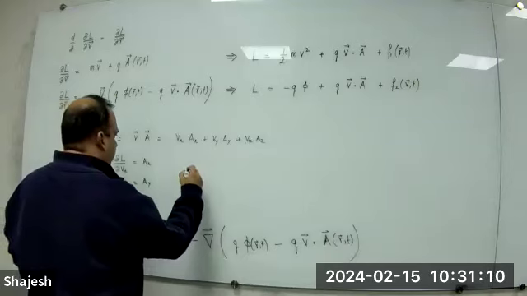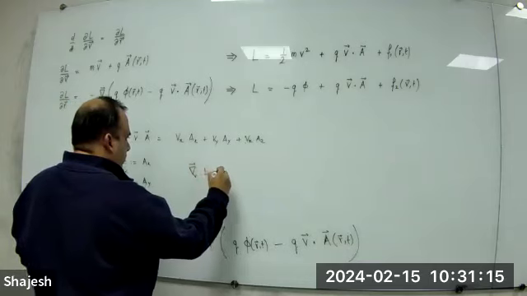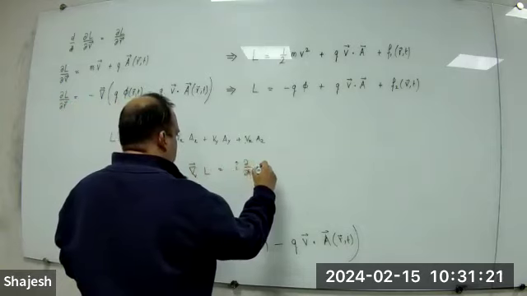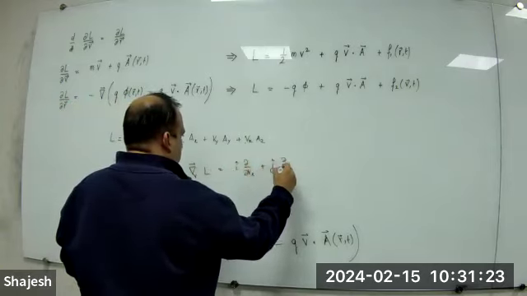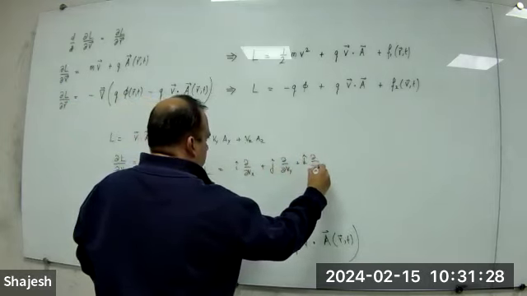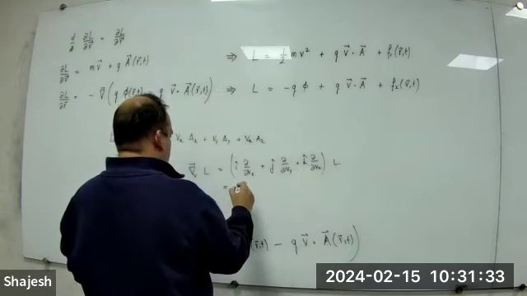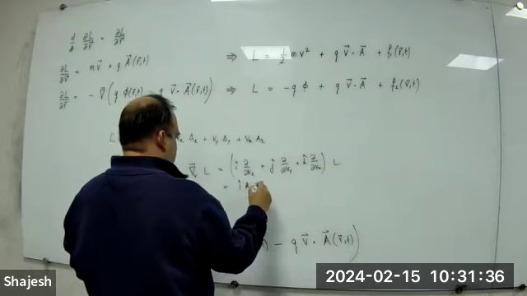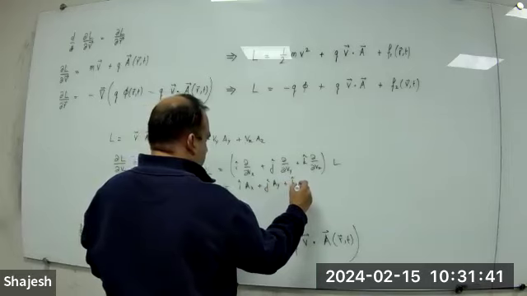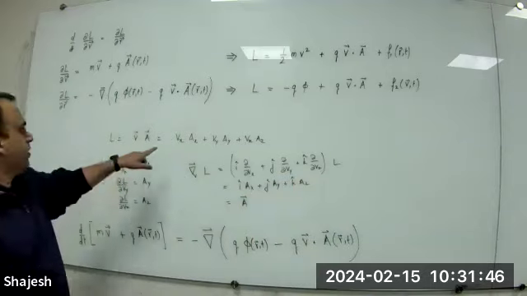I will write this as the gradient, not with position, with V, of L, which is i hat d by dVx of L plus and so on, and that's nothing but i hat Ax plus j hat Ay plus k hat Az, that's my vector A. Correct, so that's about this.